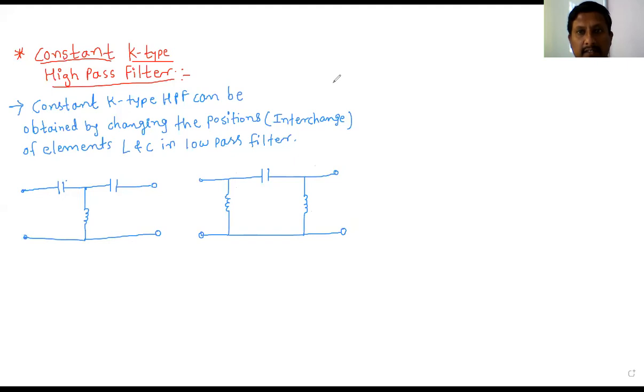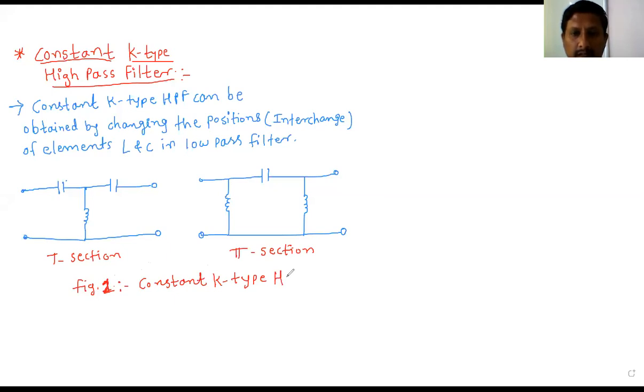So this is the T section, and this is the pi section. This we can consider figure 2, and figure 1 is the earlier one. So this is the constant K-type high-pass filter.